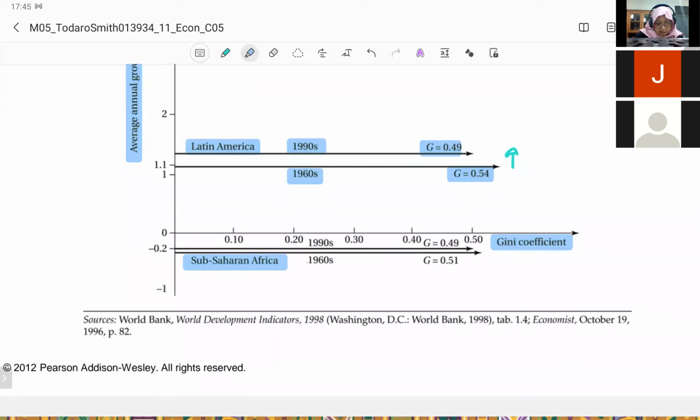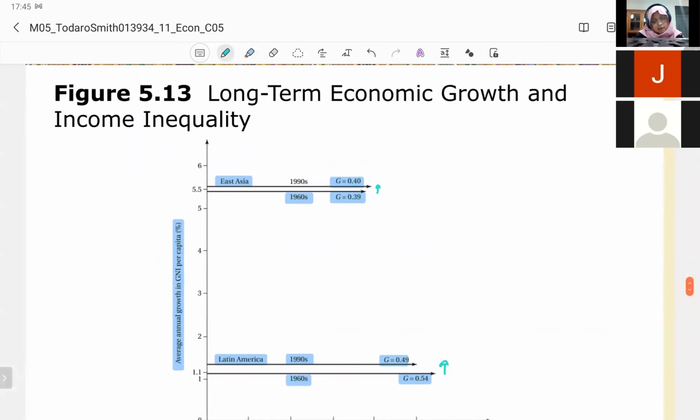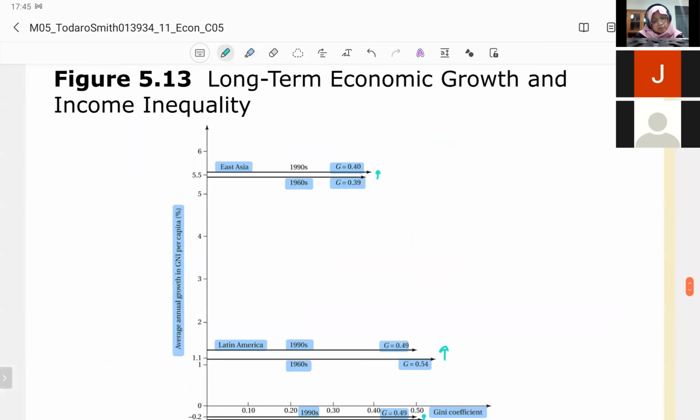In the 60s, their Gini coefficient is 0.51. Now, in the 90s, their Gini coefficient is a little bit reduced to 0.49. And they also grow a little bit from here to here. Okay. So this is the long-term economic growth and income inequality.